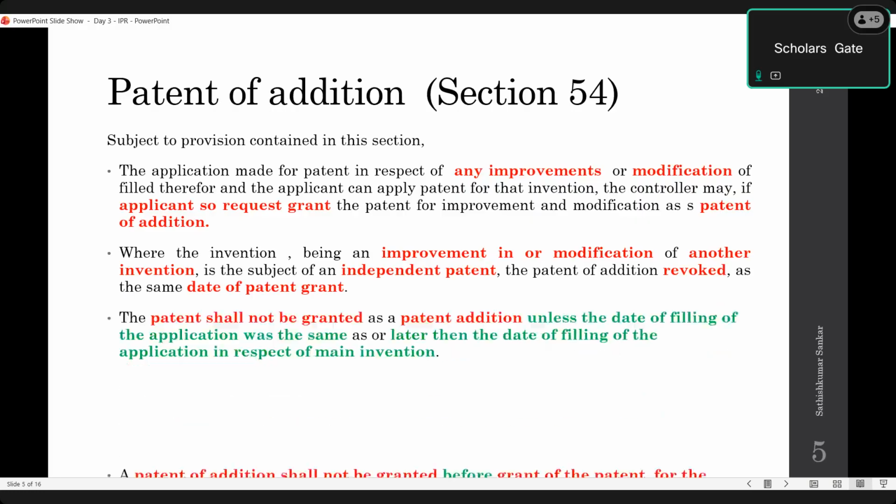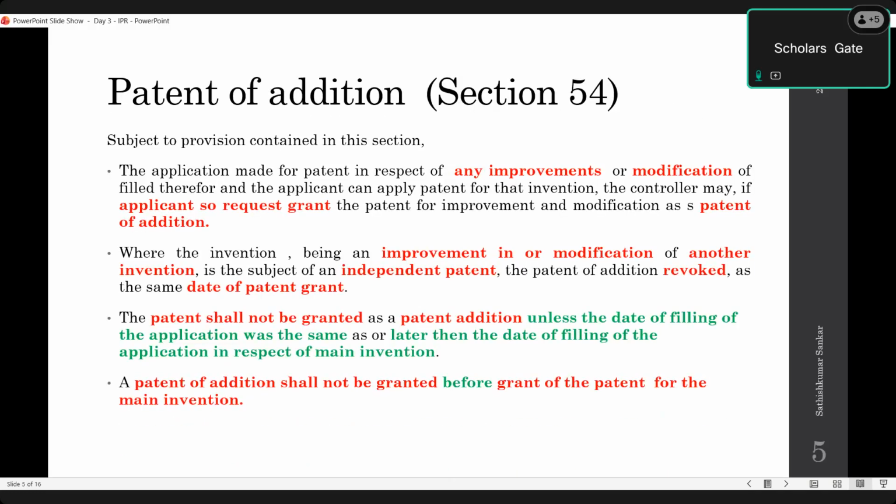Now patent of addition, this is an important thing I want to tell here. Patent of addition is covered under Section 54, where it is clearly mentioned that once the complete specification has been filed, or once the patent is granted, after some days the patentee may think of an improvement or modification of that particular invention which does not fall within the main invention.